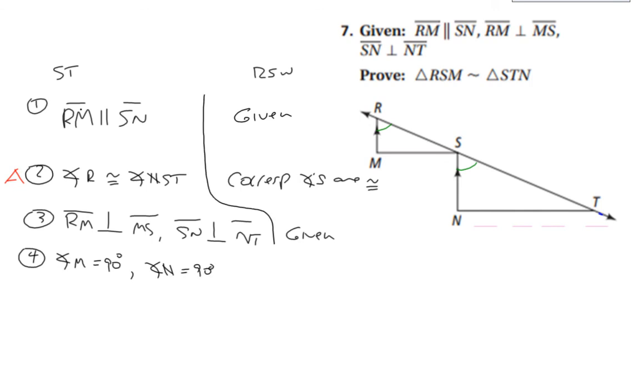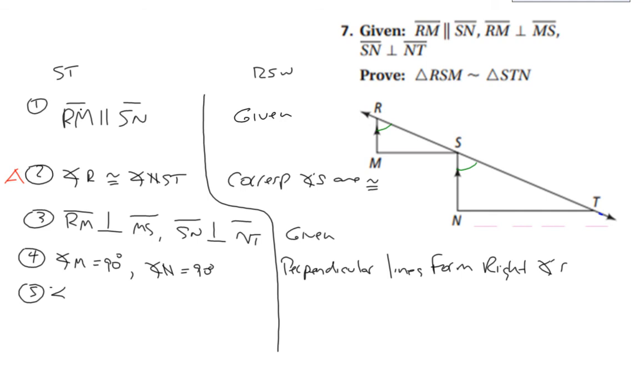The reason for that is perpendicular lines form right angles. Okay, well, what do I know because of that? I must therefore know that angle M is congruent to angle N. Why?